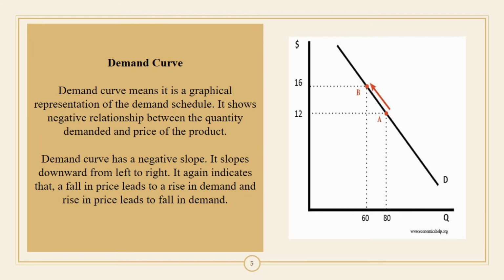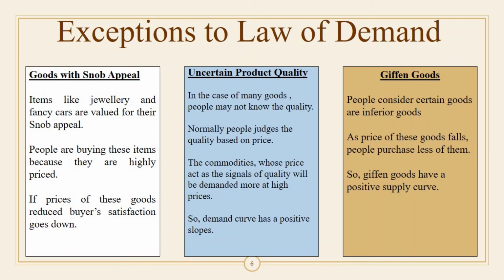If you look at the diagram, you can see that the demand curve has a negative slope. It slopes downward from left to right. So it shows that a fall in price leads to a rise in demand, and a rise in price leads to a fall in demand.